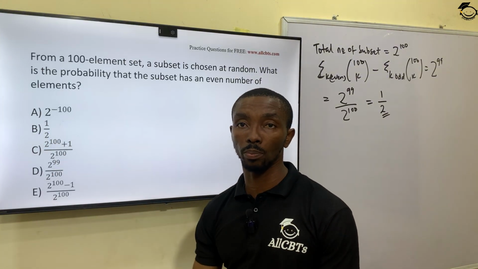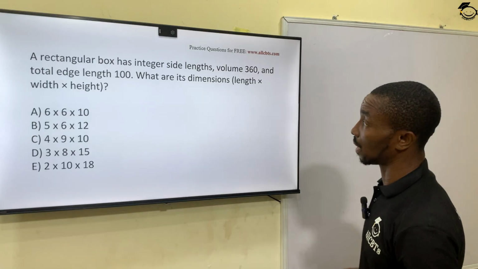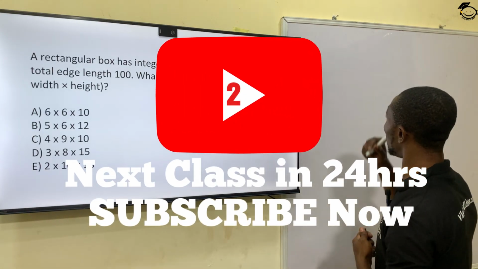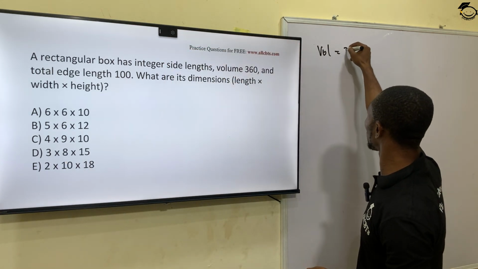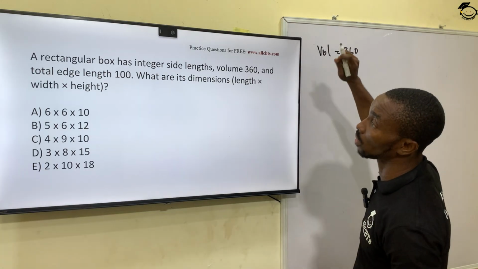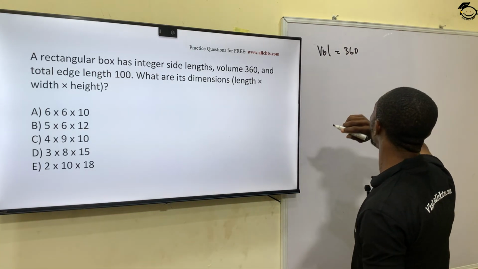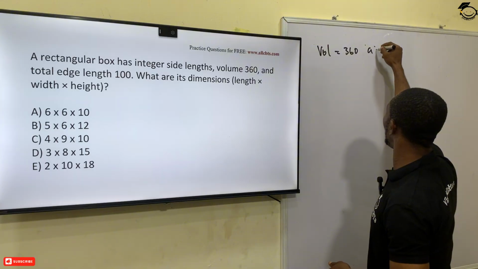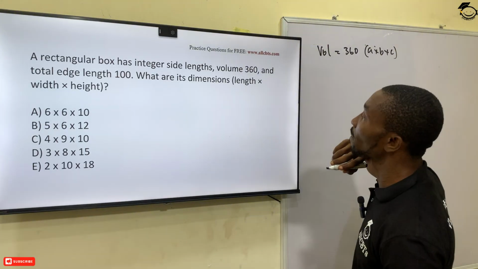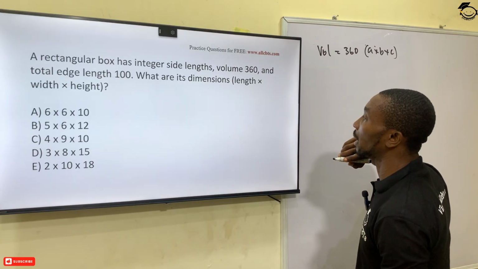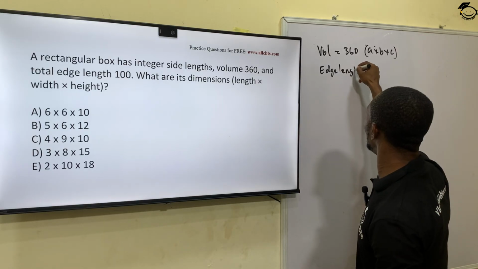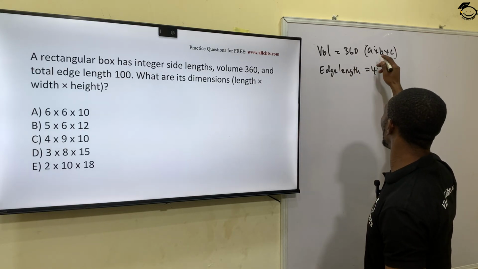A rectangular box has integer sides, length, its volume is 360. Let the sides of the rectangular box be A, B, C, and the volume A times B times C gives us 360, and the total edge length is 100.